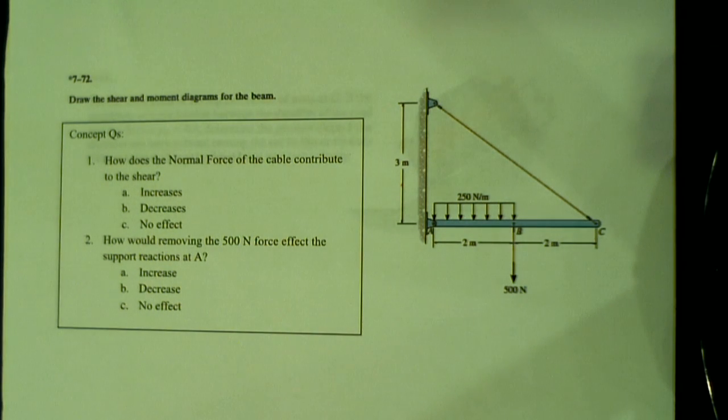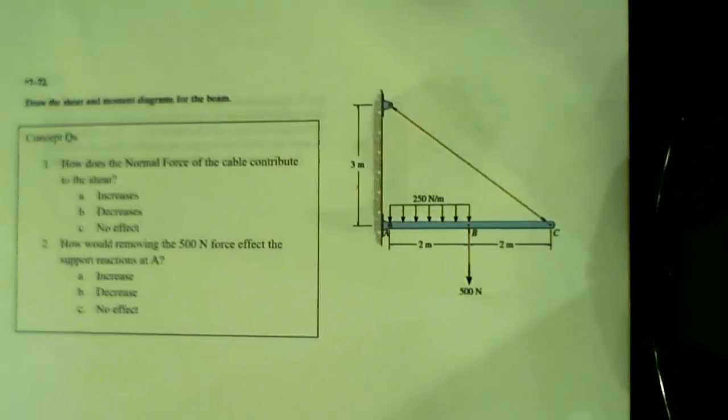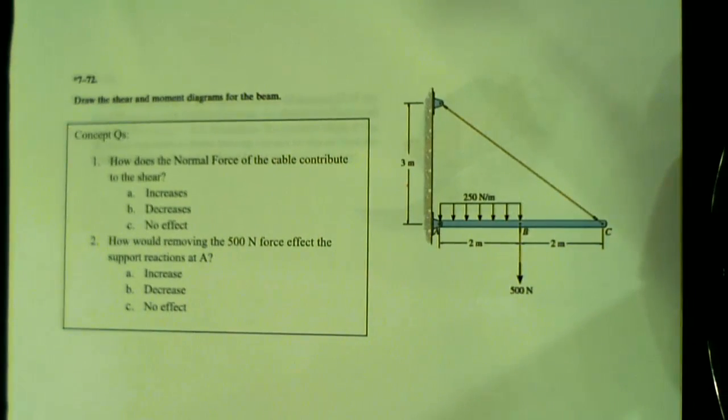Before we start, let's see if we can answer these concept questions. Actually, let's go ahead and find our support reactions first, and then we'll go back to the concept questions.